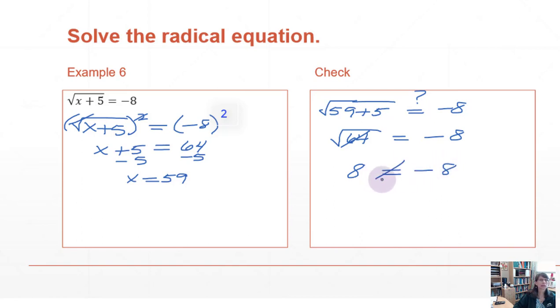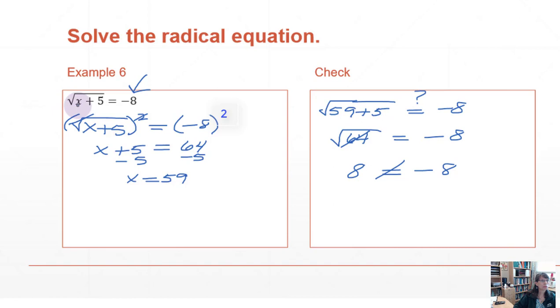So let's go back and see if there's some indicator that maybe we should have known it was going to turn out this way in the first place. Notice that when you have a square root equal to a negative value, that is not going to be possible. No matter what number we substitute for x, once we take the square root of it, we're not going to get a negative number. If we ended up with some positive number under the radical, the square root of a positive number would be equal to something positive.